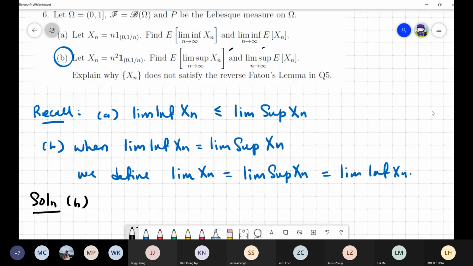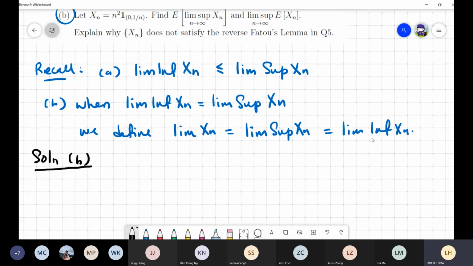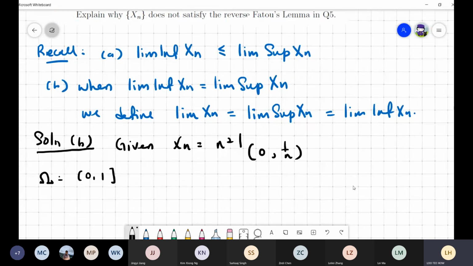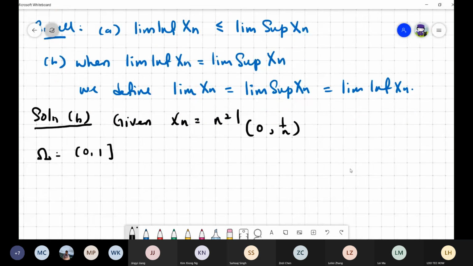So in this example, Xn is n squared times the indicator function of the interval 0 to 1 over n, and omega is 0 to 1. That means any outcome must be in between 0 and 1.